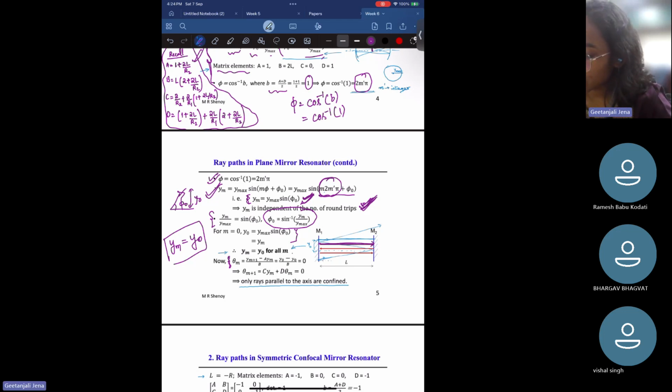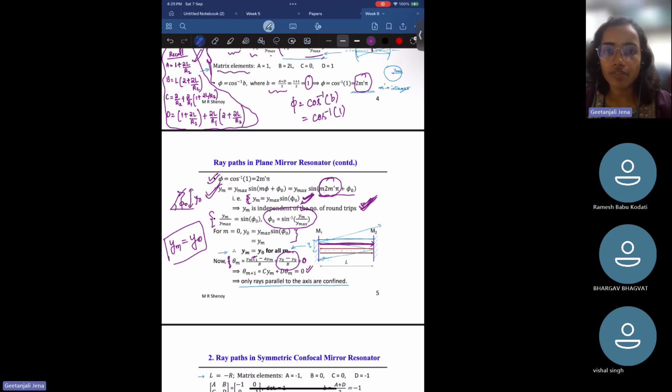So that means this theta m is 0, because y m plus 1 is y0, the value of a is 1, and y m is also y0. So theta m is always 0, and theta m plus 1 will always be 0. That means the ray makes 0 angle with the optical axis, with the horizontal axis.